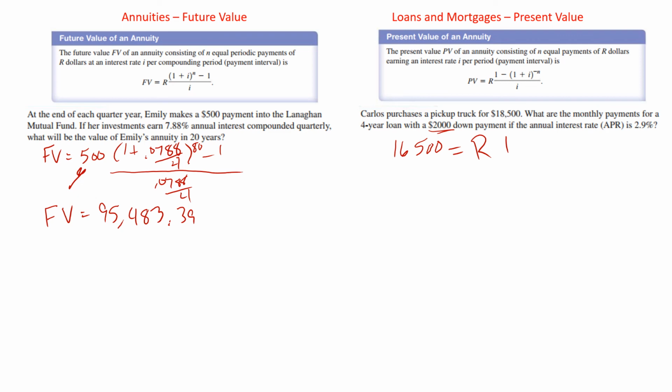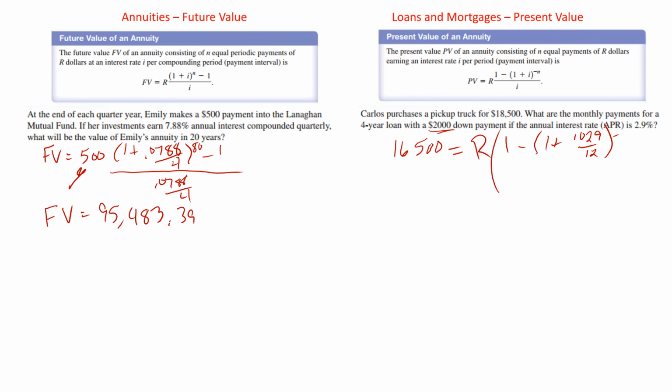So then times 1 minus 1 plus I, so 0.029 over, and he's paying monthly, so 12, to the negative... what am I missing?